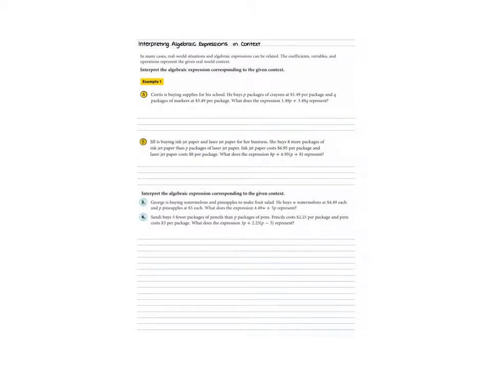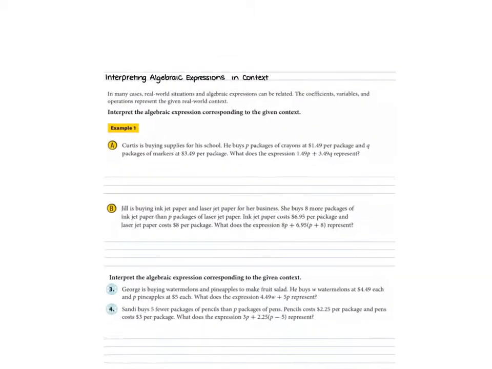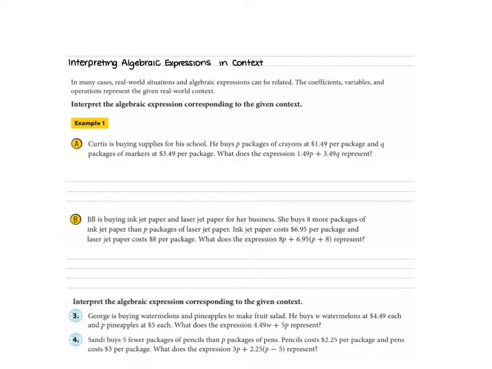If we look at our next examples, for example 1A, it tells us to interpret the algebraic expression corresponding to the given context. So for A, it tells us that Curtis is buying supplies for his school. He buys P packages of crayons at $1.49 per package and Q packages of markers for $3.49 per package. It asks, what does the expression 1.49P plus 3.49Q represent?